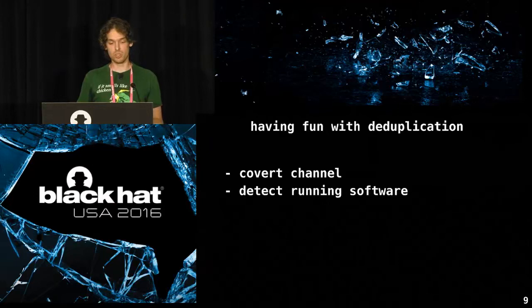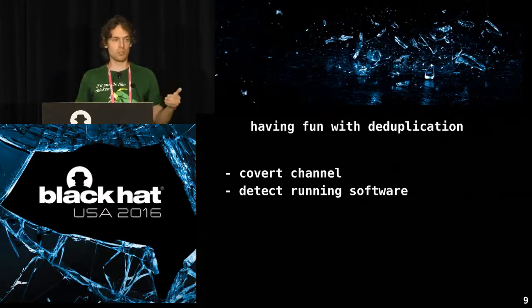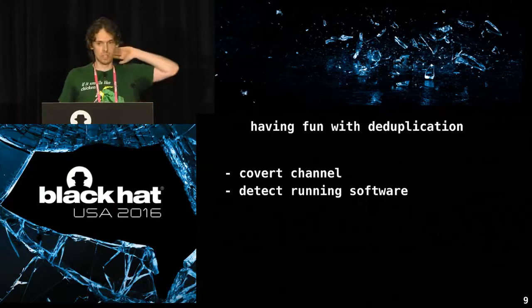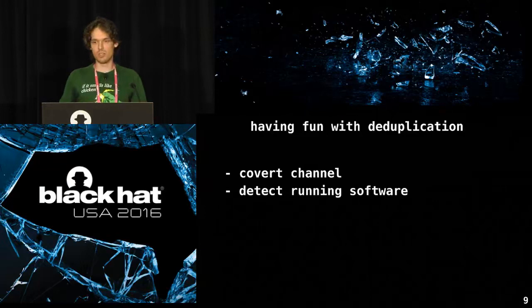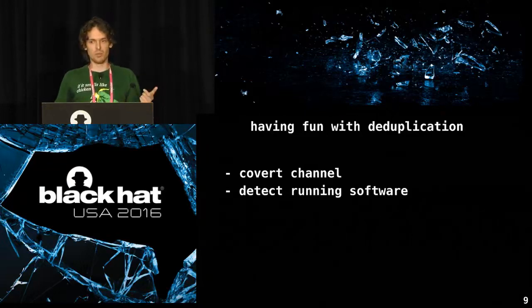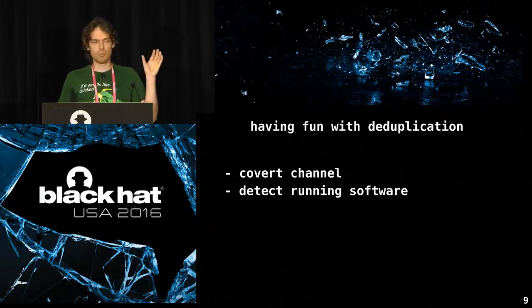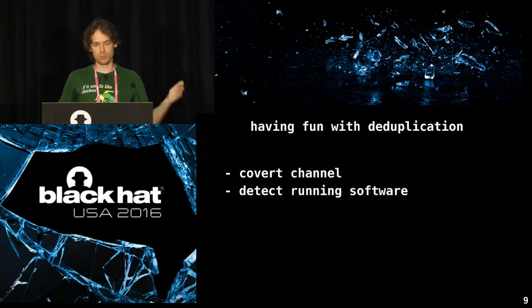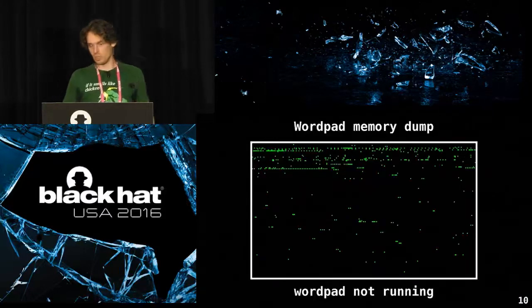When we first started this, we thought, well, maybe we can find code pages, just find any executable you could get your hands on, and then pick some code pages from these executables, load them in your browser, and see which ones get deduplicated. It turns out to be a bit more difficult.